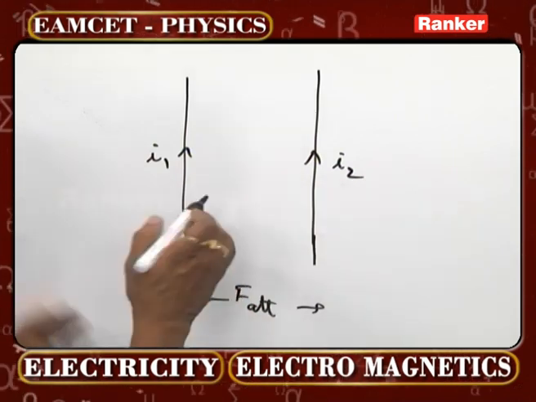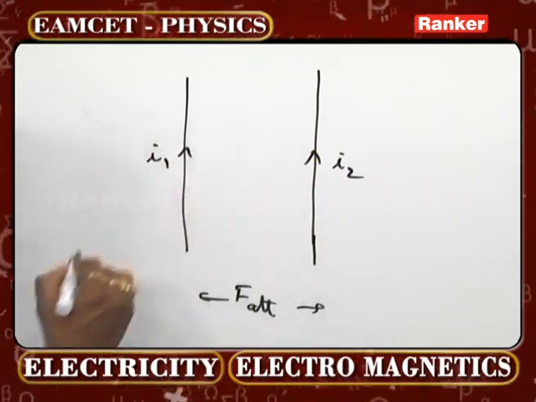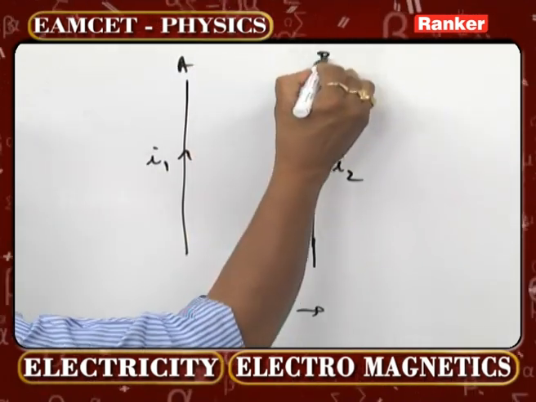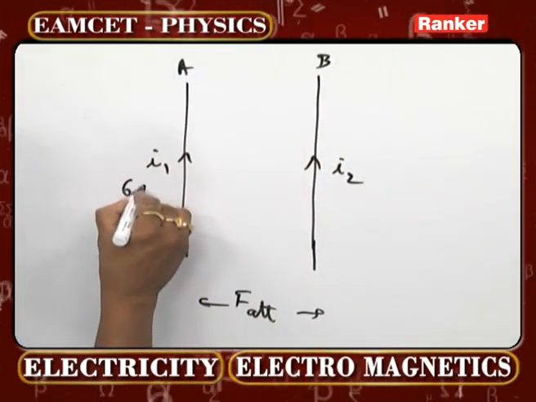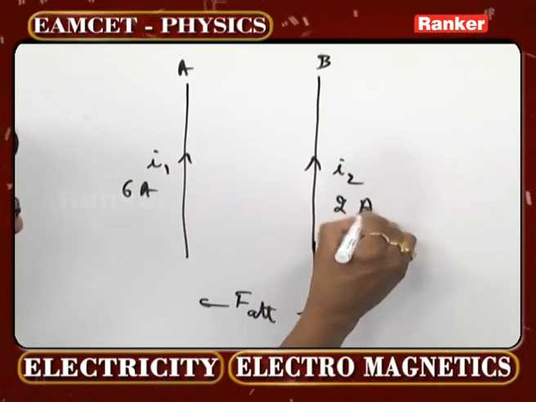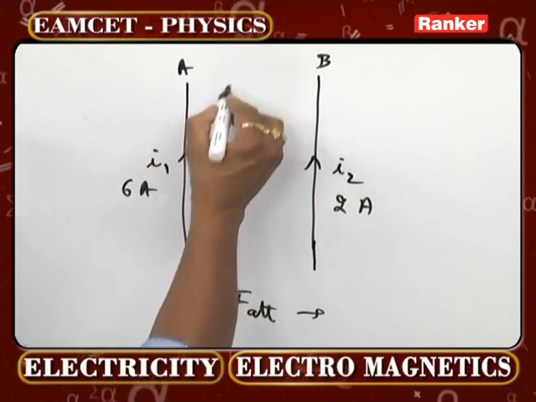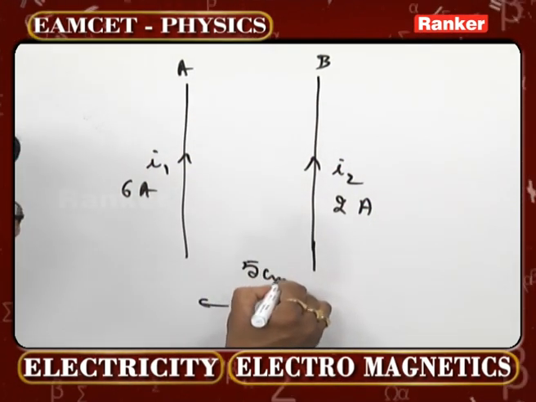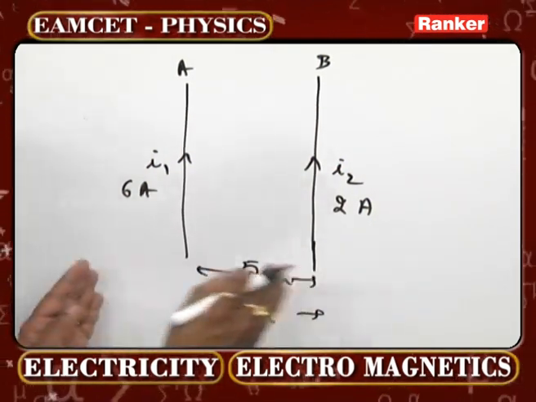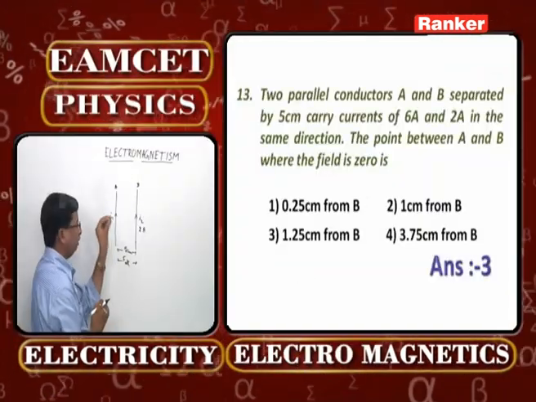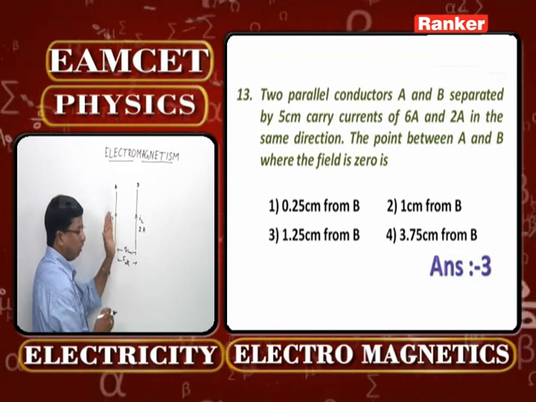One thing you should understand in this case is the total currents, of course, what he has mentioned. If I take this as A and this as B, this is of 6 ampere and this one is of 2 ampere. He said 6 and 2, fine. 5 centimeter is the distance of separation between them. Now, where will the point be at which the field will be 0?